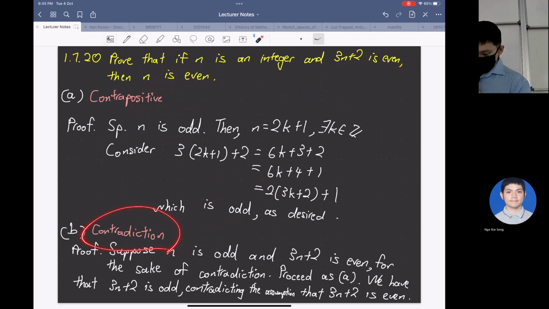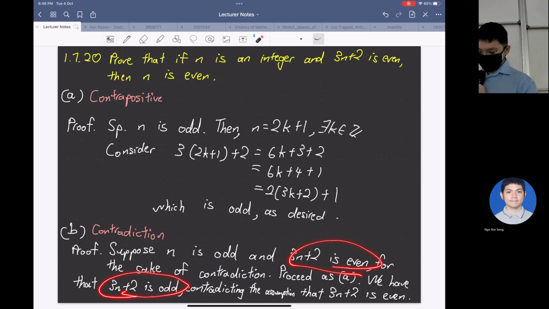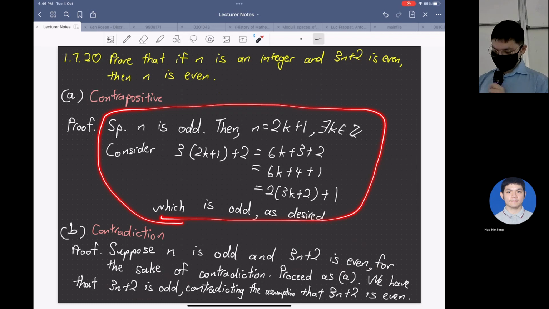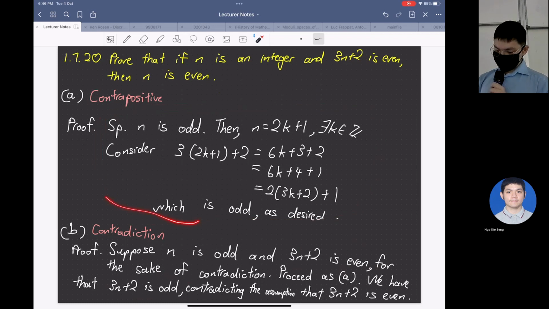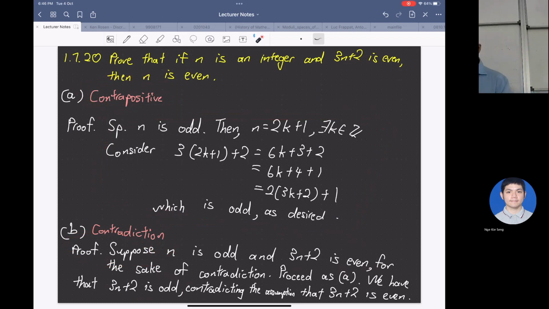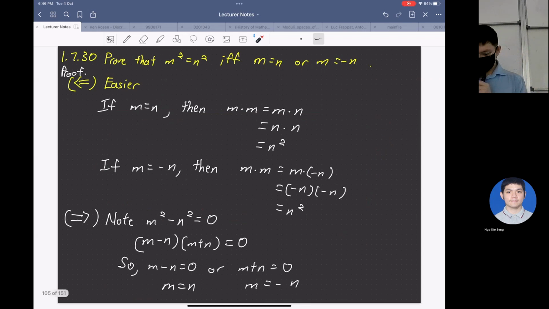For contradiction, I need to assume the assumption and the negation of the result, and then show that it contradicts my assumption. So one skill you can learn is to read the proof and then decide which method it uses. This is another skill you can learn.